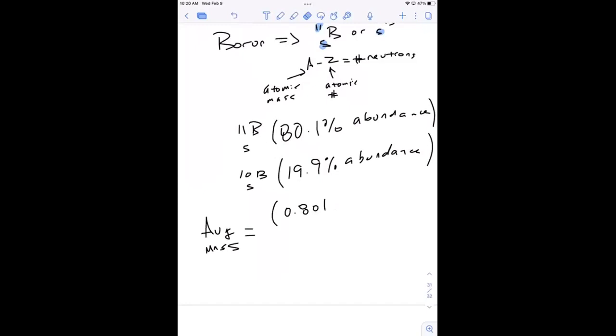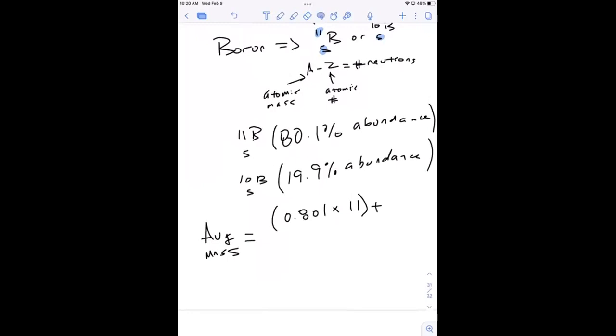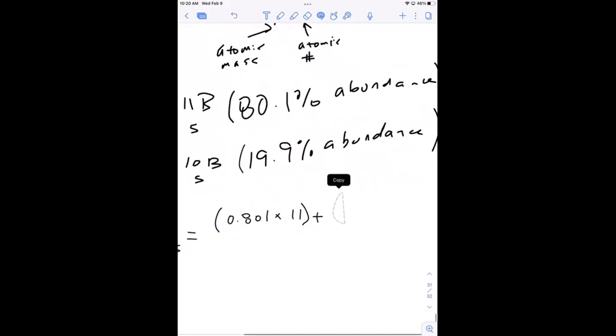So 0.801 multiplied by 11 plus 0.199 times 10.